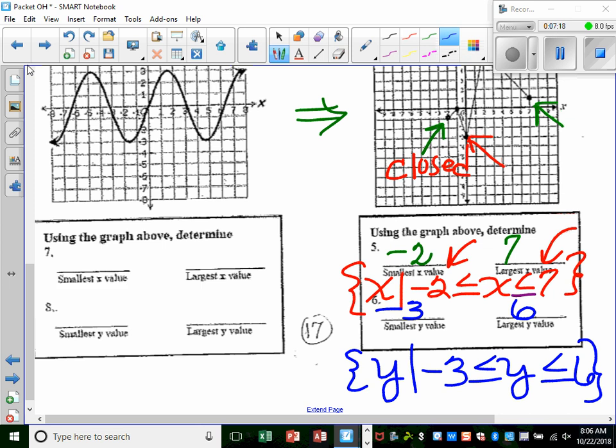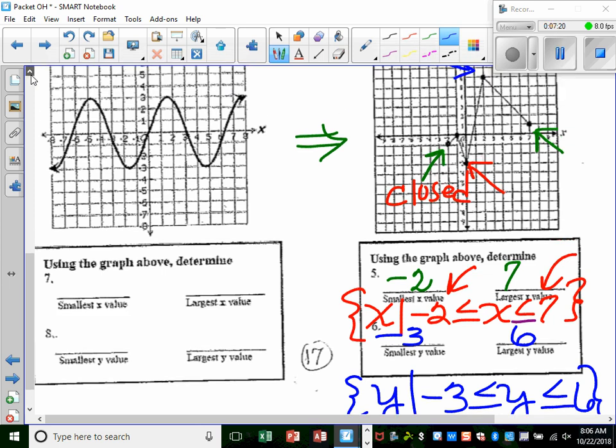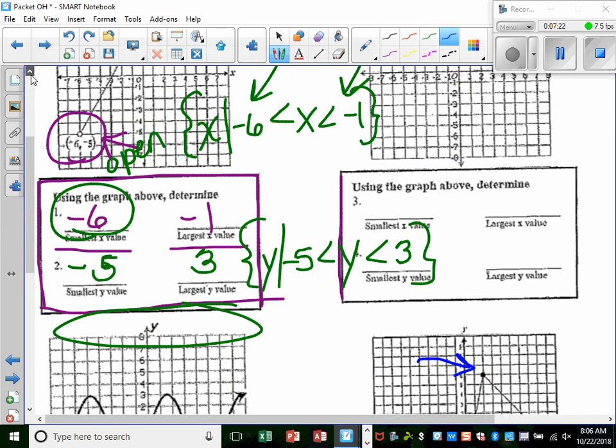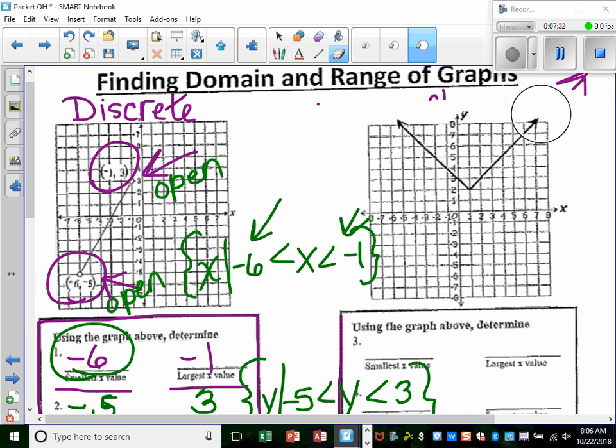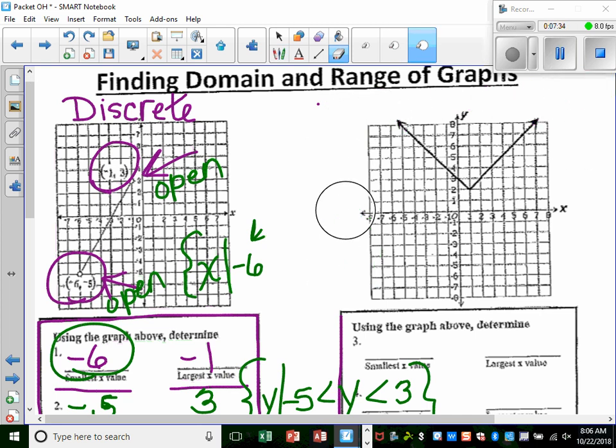All right, now let's look at some continuous graphs. That means graphs that go on forever. All right. So graphs that go on forever, if you take a look at the arrows here, it tells you it continues forever and ever and ever. So that's really going to be for the x's.